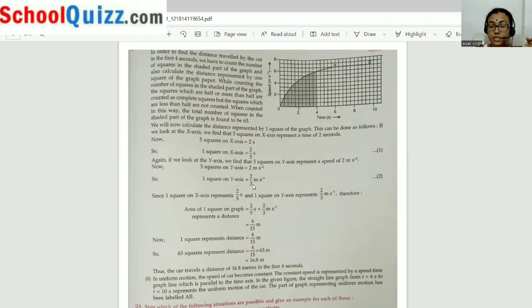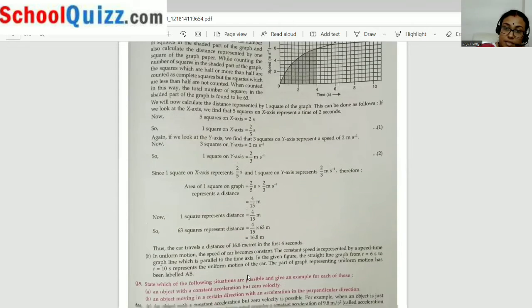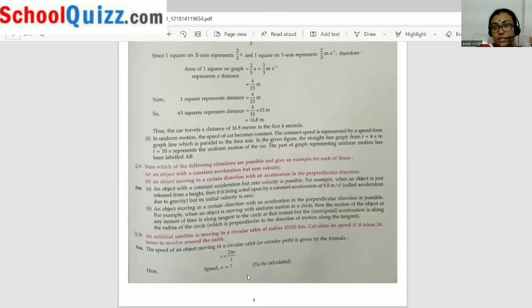Why 63? Because the total number of boxes, you can see from 0 to here, is 63 boxes. So we multiply by 63 and you'll get the answer 16.8 meters. Clear everyone? That is 16.8. I think you got the answer.